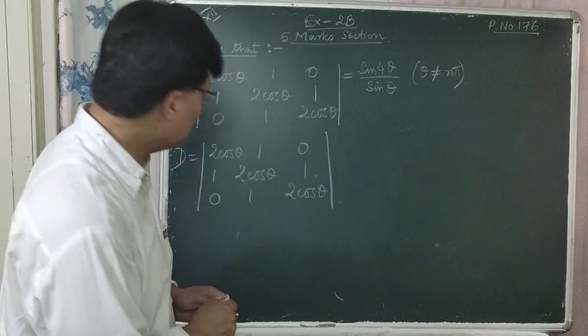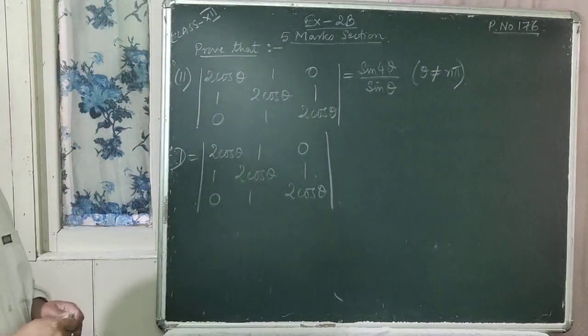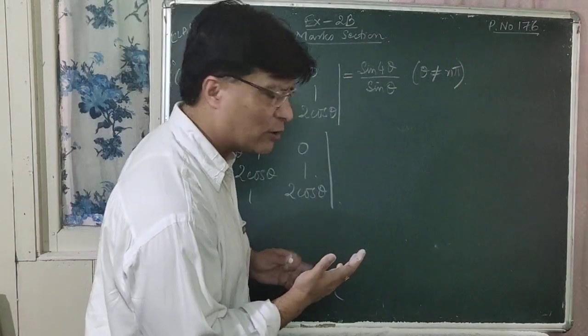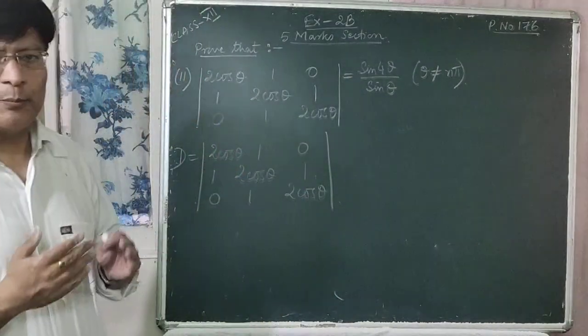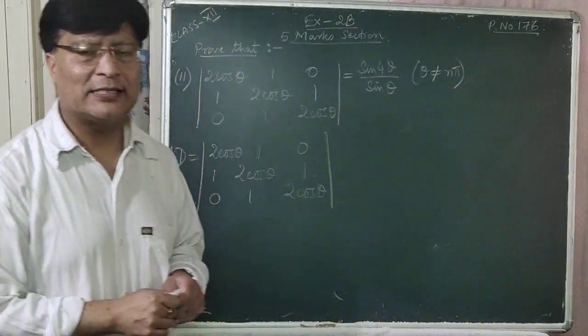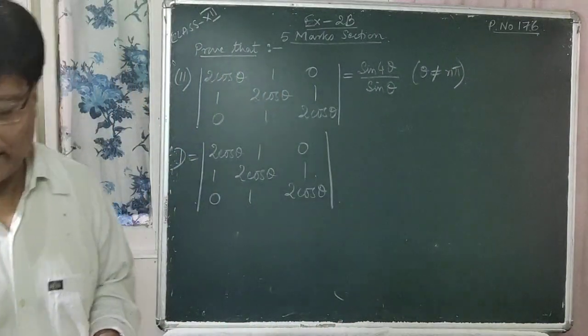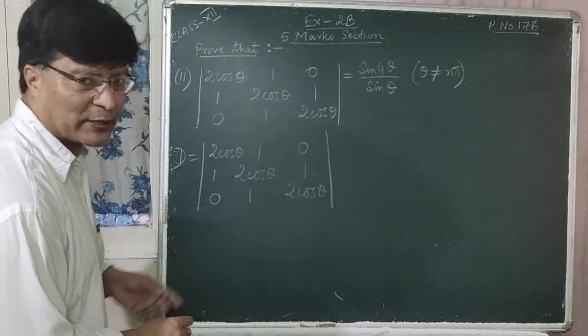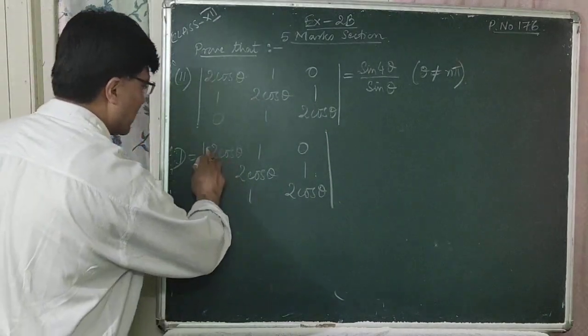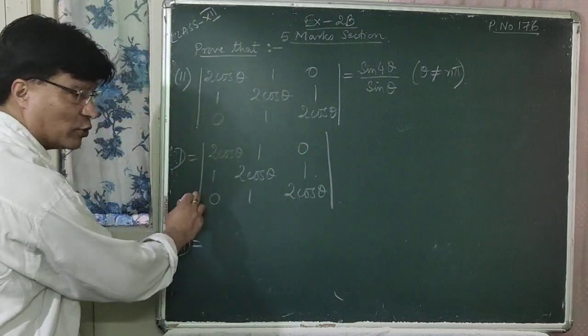But in this case you can directly expand it, even without using the properties of determinant, because it will be easier for you to expand it and then simplify it. Okay, now let us expand it with respect to the first row. So therefore D is equal to, let us expand it with respect to the first row.